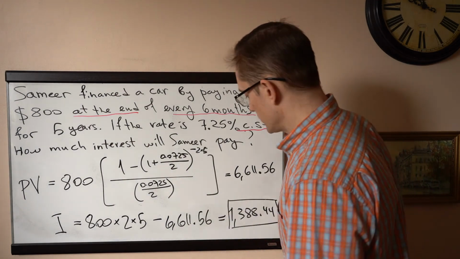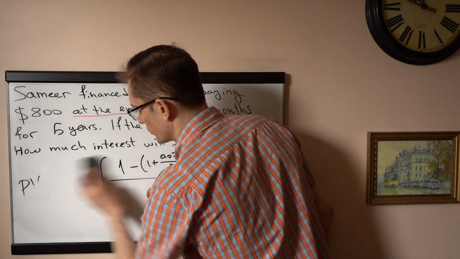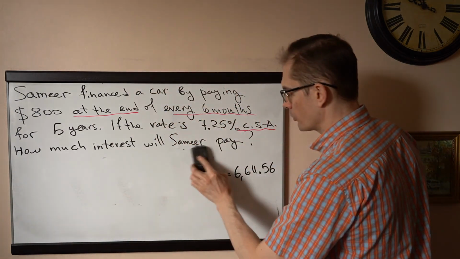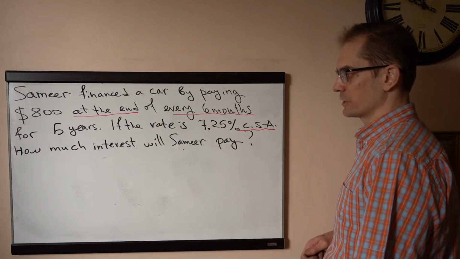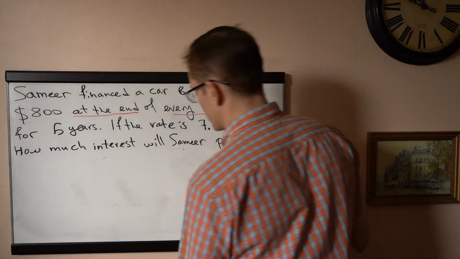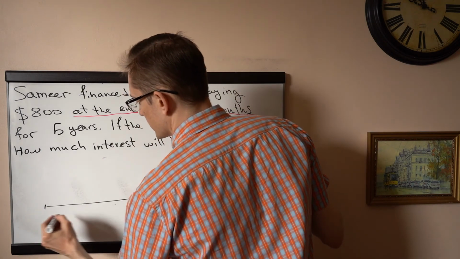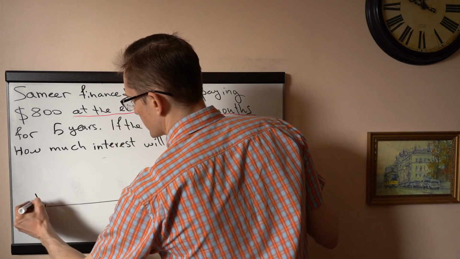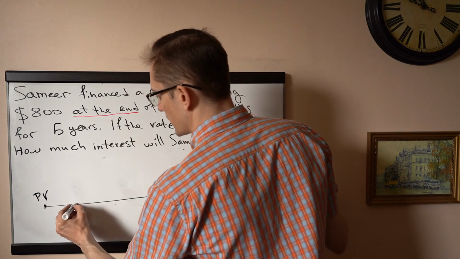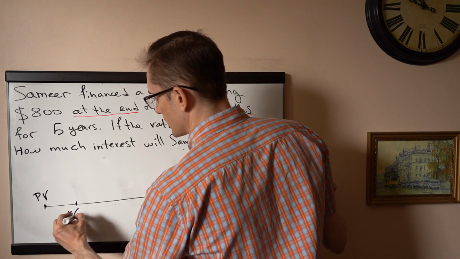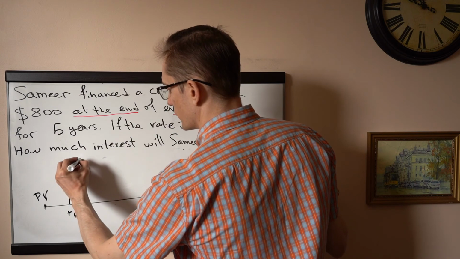Now, once again, just to make sure we understand how interest works in this kind of situation, you need to realize that there is some loan amount here, which is a present value of annuity. So that loan amount for which you will be making payments. So plus 6 months, you will have your first payment.